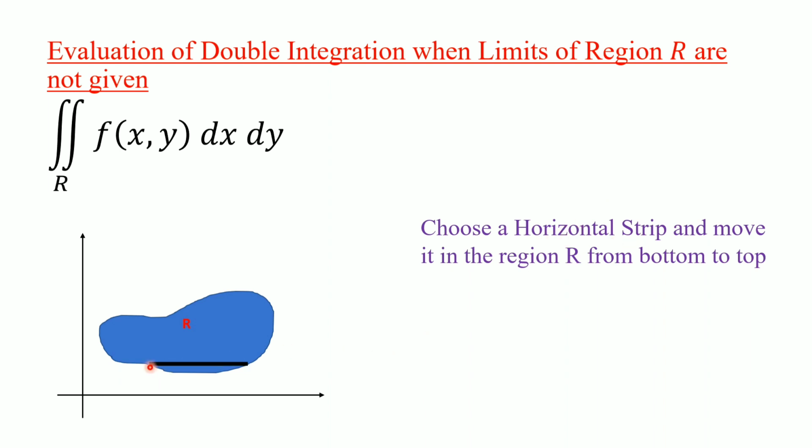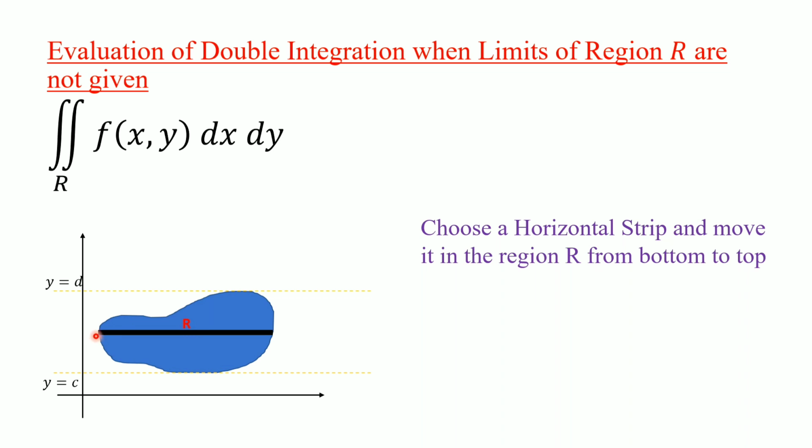So let us choose this horizontal strip in the same region R here. Now we have to move this strip from bottom to top so that it will cover the whole region R, like this. Here you can observe that this strip will not move below this line y equal to c. It will always be above this line y equal to c, and always below this line y equal to d.